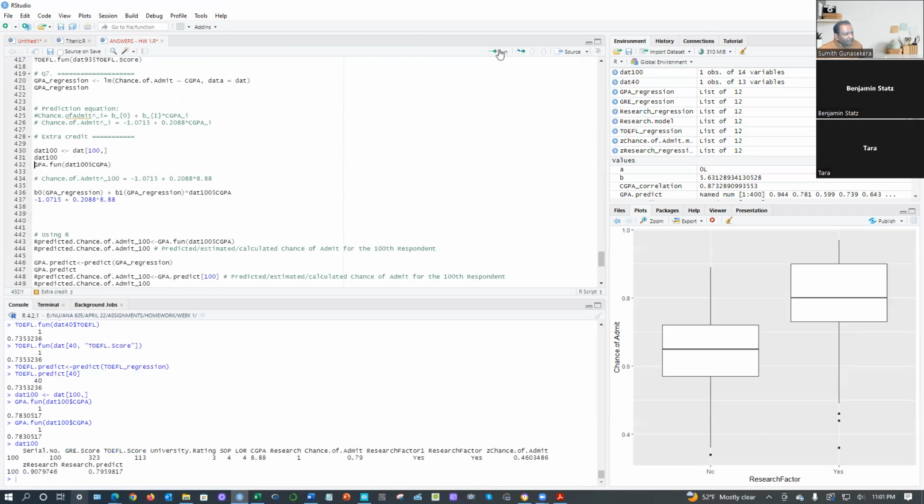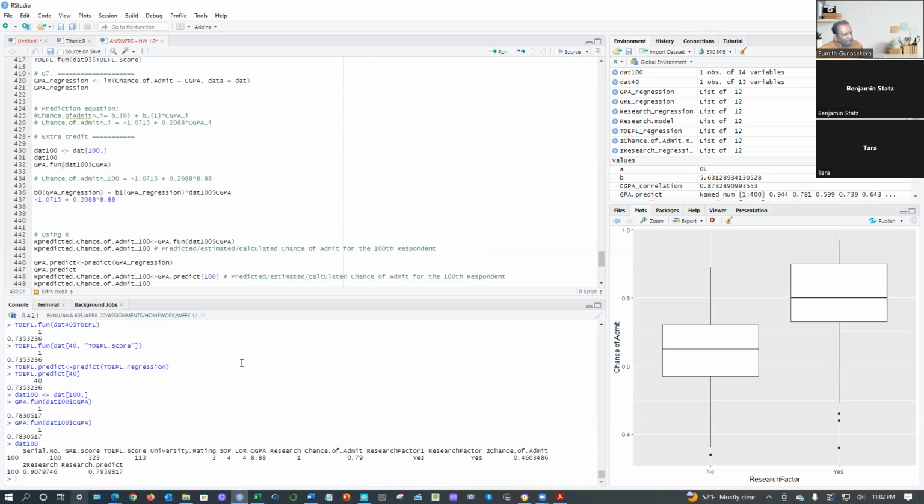I'm going to check the 100% entry. I'm going to ask them to give CGPA. His GPA 8.88. It's not right. Let me see what happened here.